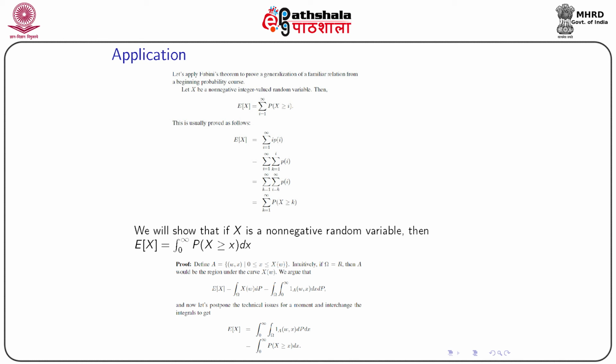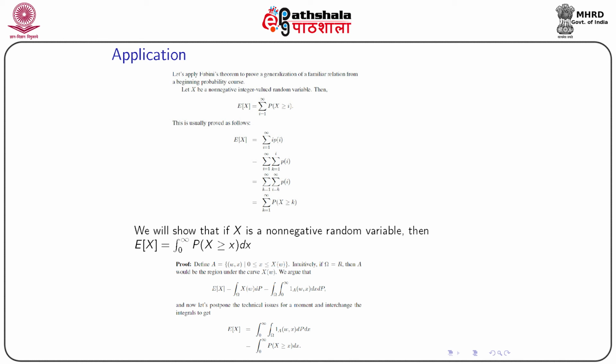So intuitively, if we assume capital Omega as the real line, then A would be the region under the curve X(omega). So we argue that the expected value of X is the integration over omega of X(omega) dP, which is the same as integrating over omega and integrating from 0 to infinity, which is the range of x, of the indicator function 1_A(omega, x) dx dP.